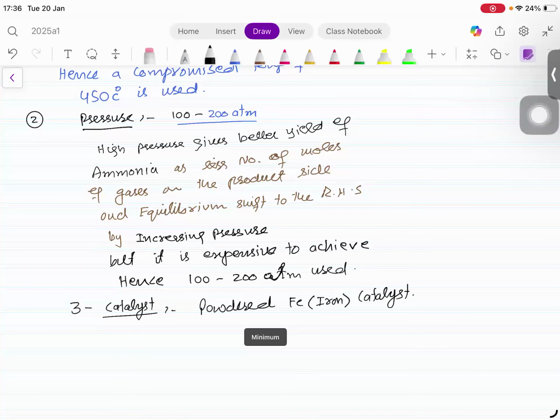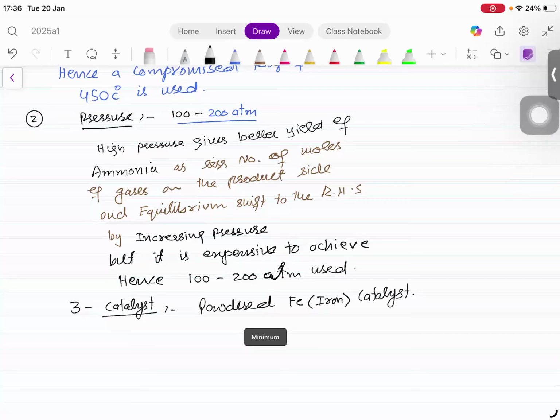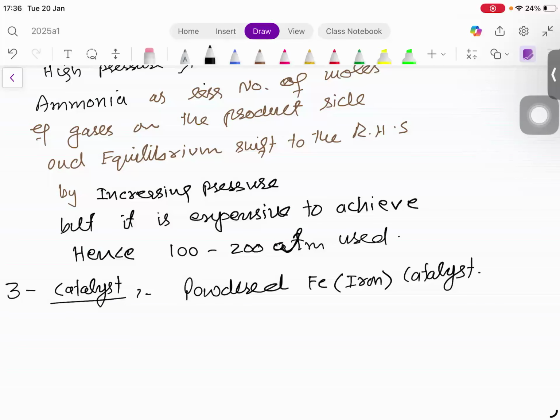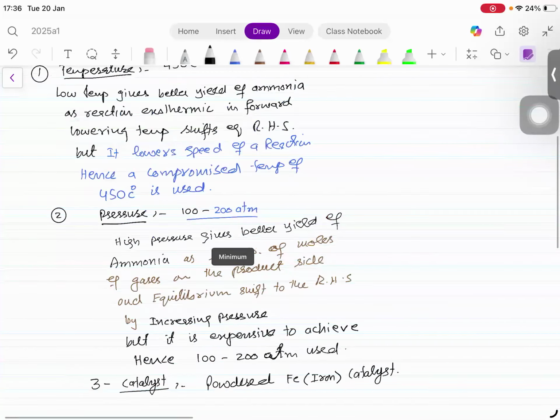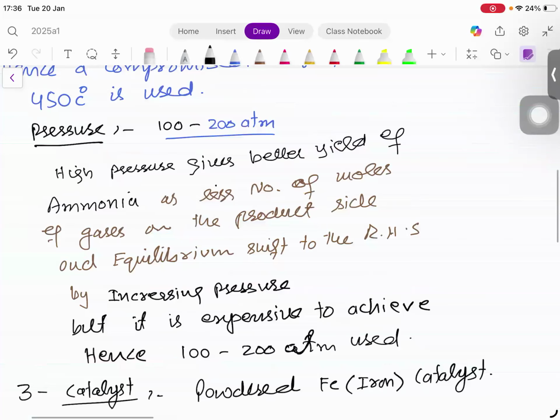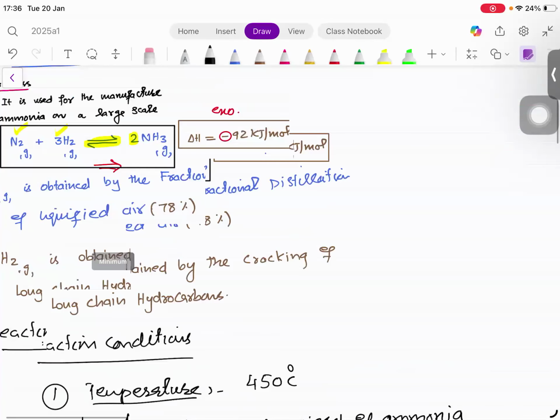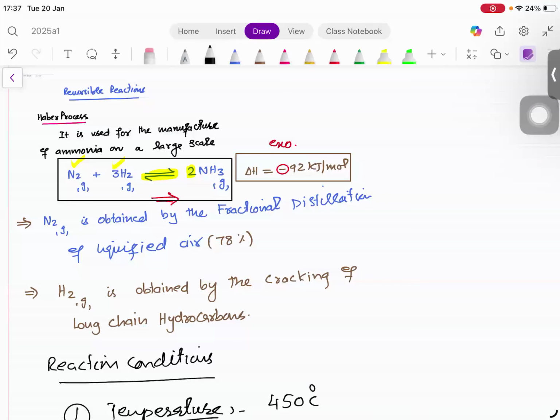Okay? Right. So this is how the Haber process is used to manufacture the ammonia, and these are the sources, and this is how the reaction conditions are set.